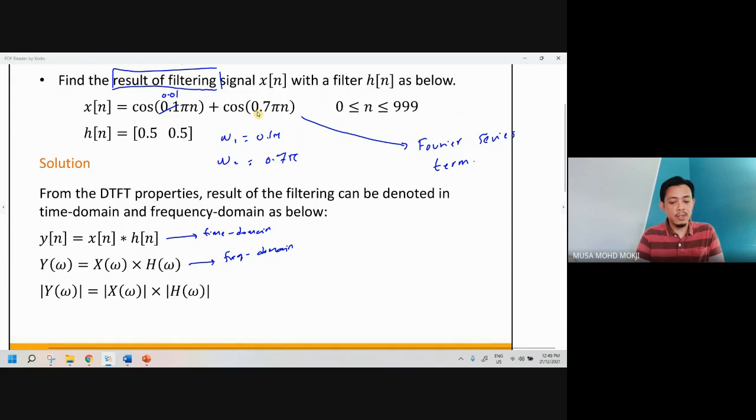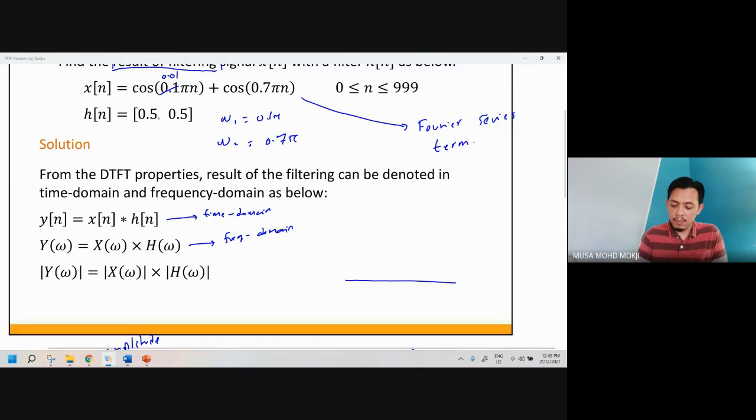Theoretically, X(omega) has this one at 0.01pi and another at 0.7pi, so it has some value here.